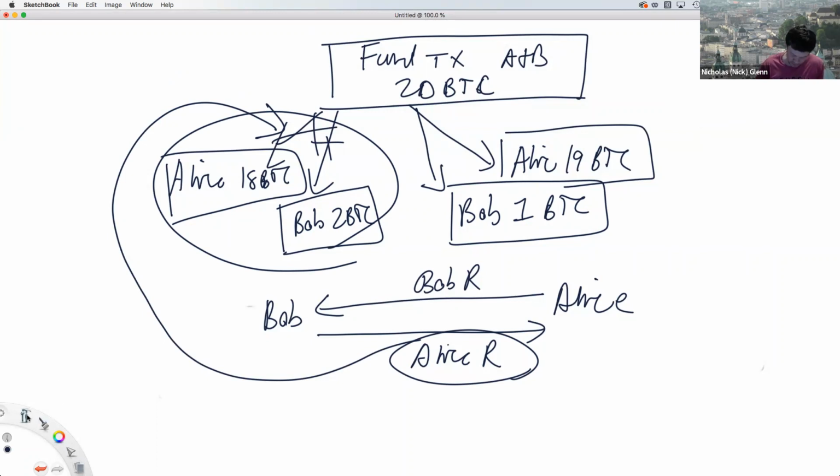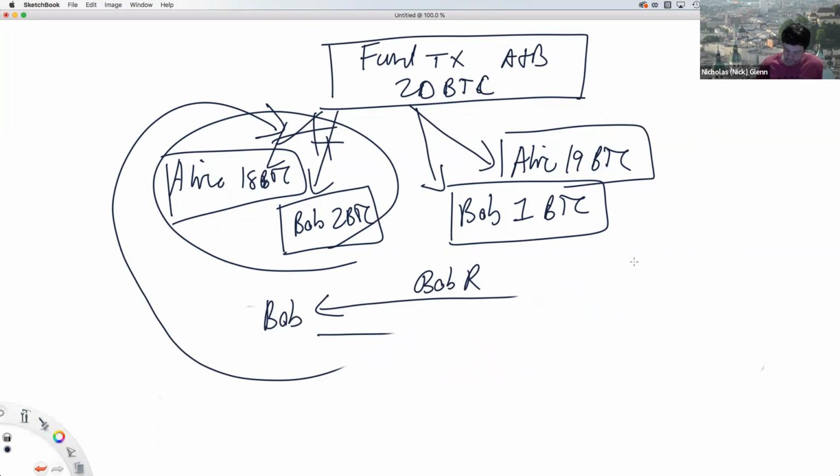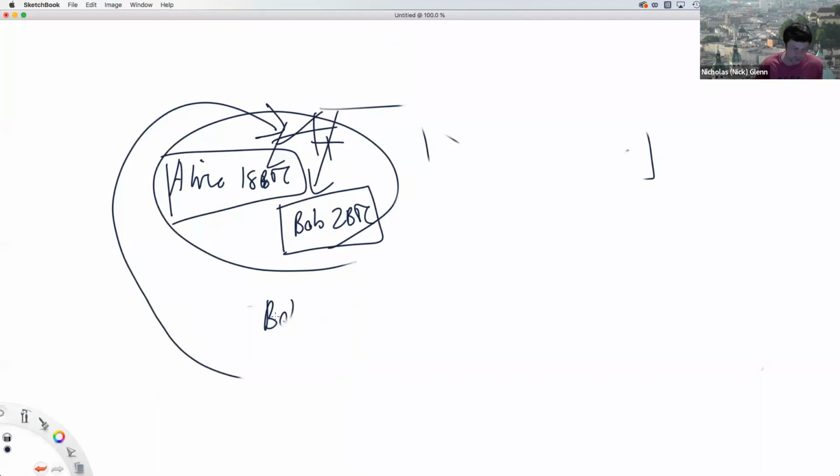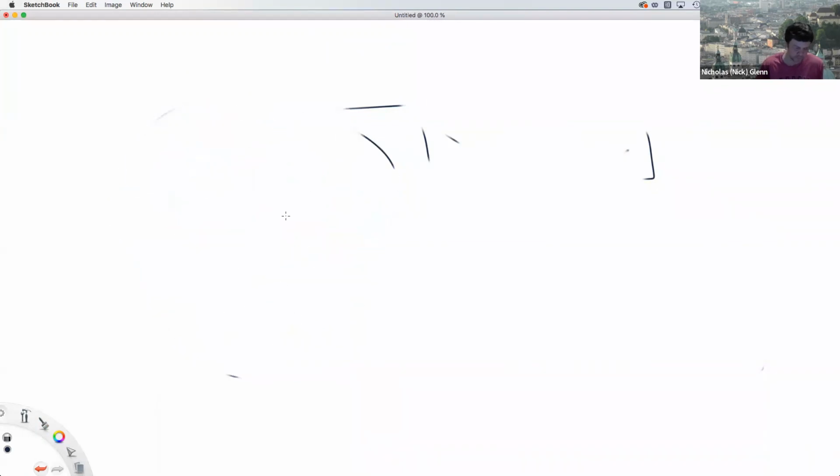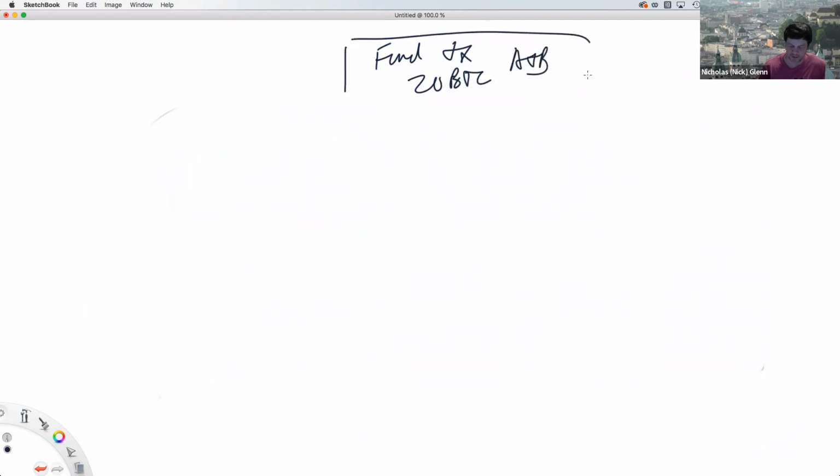All right. Let me write this down so you can see that. Let me go over that again. This is kind of a critical thing here. Maybe that's a little messy. We write it out again. All right, so we had this funding transaction with 20 Bitcoin. Alice and Bob both have to sign it.